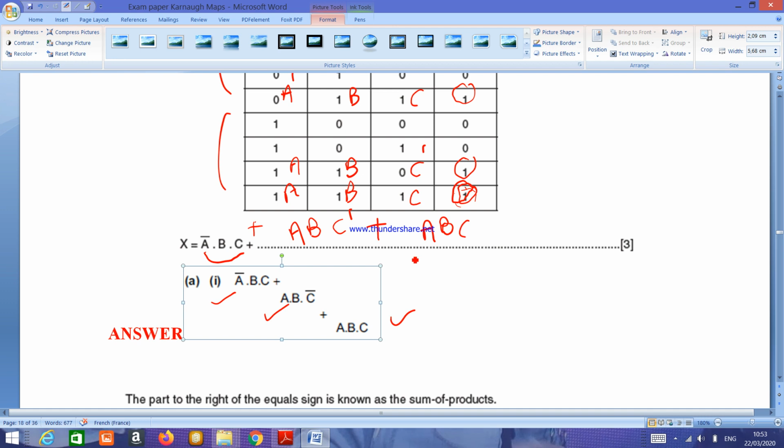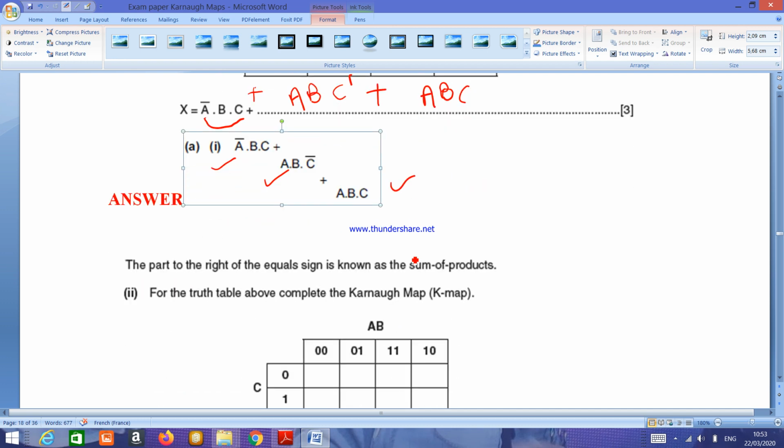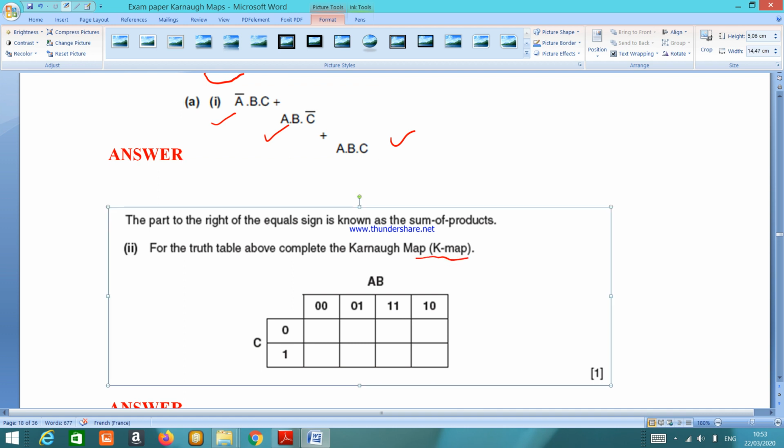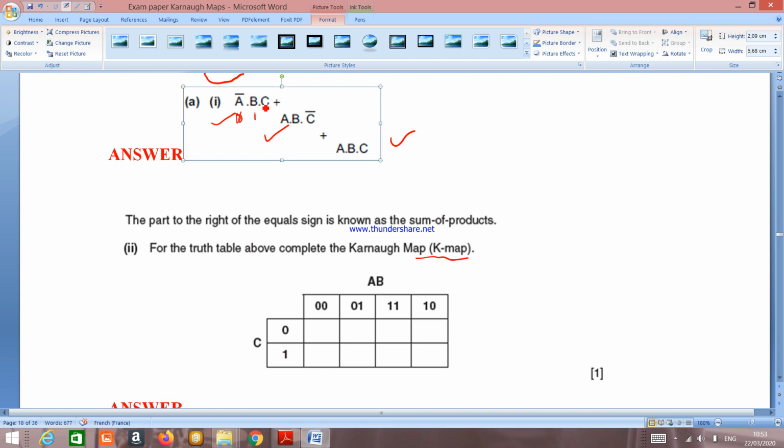Now let's look at the next question. We have to fill the Karnaugh map. So this is a K map, and we have to fill it. Let's look at the term: A is 0, B is 1, and C is 1.